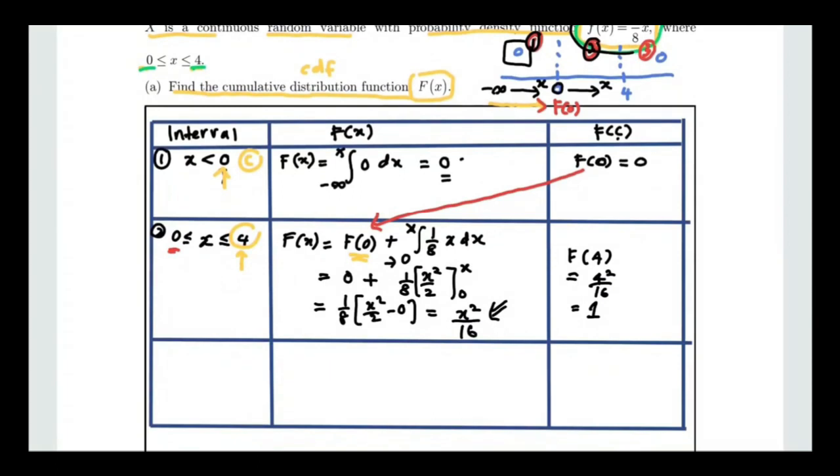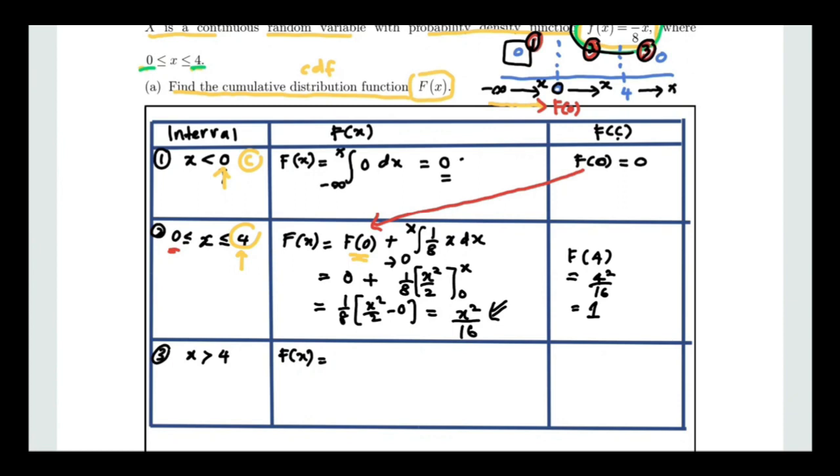Okay, and then we're going to substitute for the last interval. The last interval is for x greater than 4. The function here, f(x), since this interval starts from 4, we have to integrate from 4 until x.